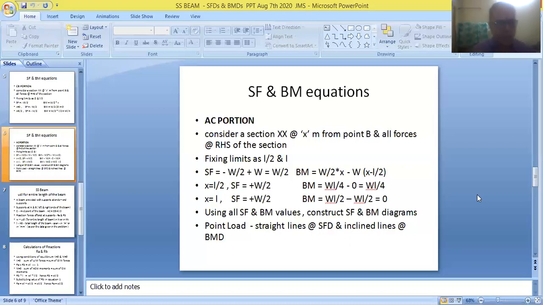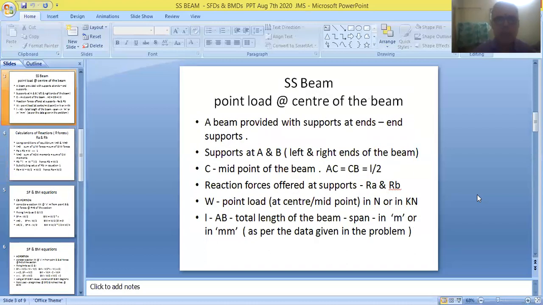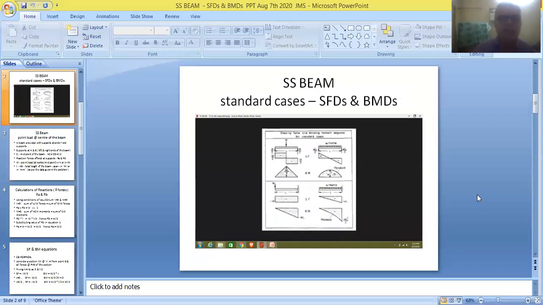Here we are discussing point loads. Therefore, straight lines must be used in the SF diagram, and inclined lines must be used in the BM diagram. So friends, we can see these values. We got all these values: minus W by 2, this is minus W by 2. And again at the same point, we got plus W by 2. And at the end point, we got again plus W by 2.